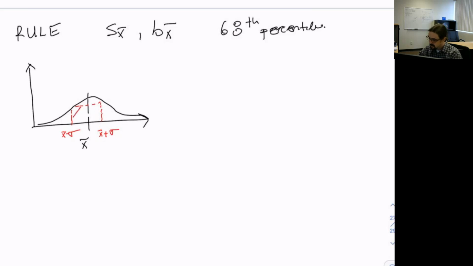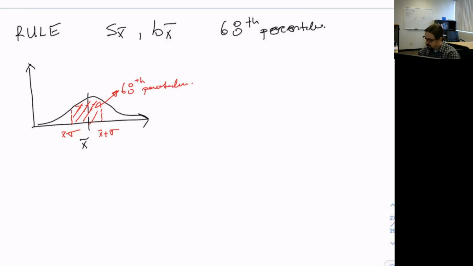This region corresponds to the 68 percentile. So in other words, 68% of the population is expected to lie within the mean and the first standard deviation.